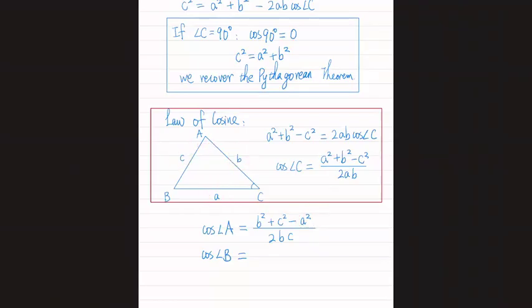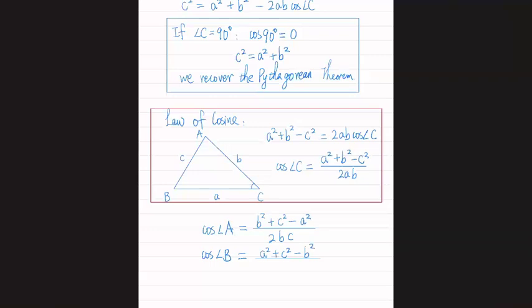George, let's try cosine angle B. The same thing, but just replace. So for cosine B, what are the two adjacent sides? BA and BC. So we have A and C. Okay. This will be A squared plus C squared minus B squared.